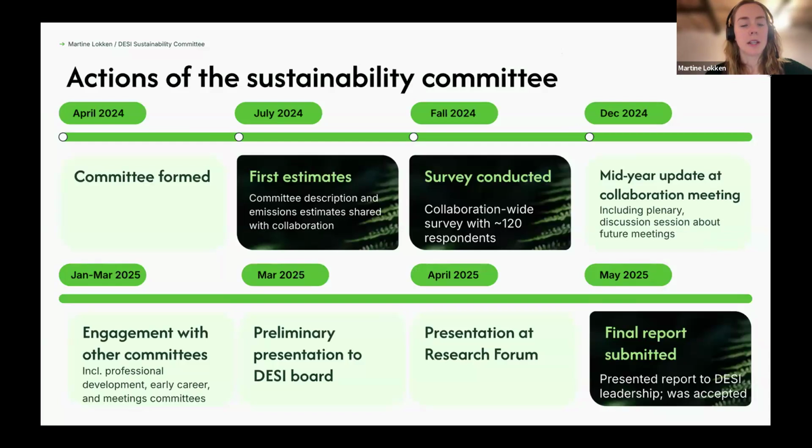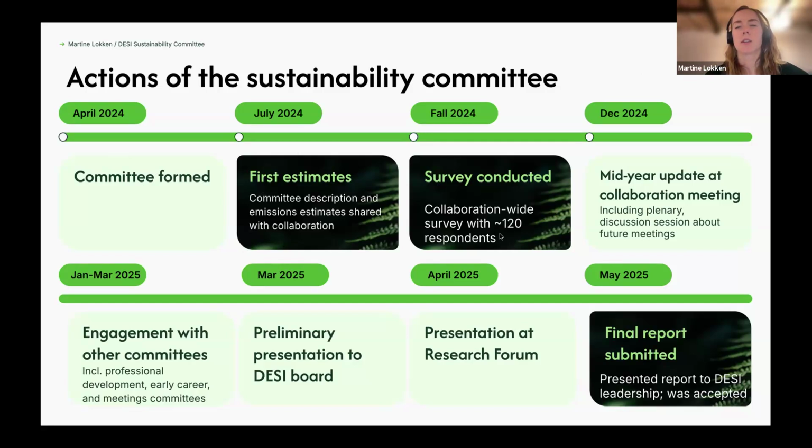So the Sustainability Committee, which, by the way, consists of many more people than me. Their names were on the first slide, and I can always flash it up again later. We had a chair, Steve Allen, at the beginning, and then later on, Etienne Bertin from Paris. The committee was formed in April 2024. The first thing we did together was try to make some preliminary estimates of DESI's emissions. After that, we conducted a large survey, and we got about 120 respondents, which is pretty good.